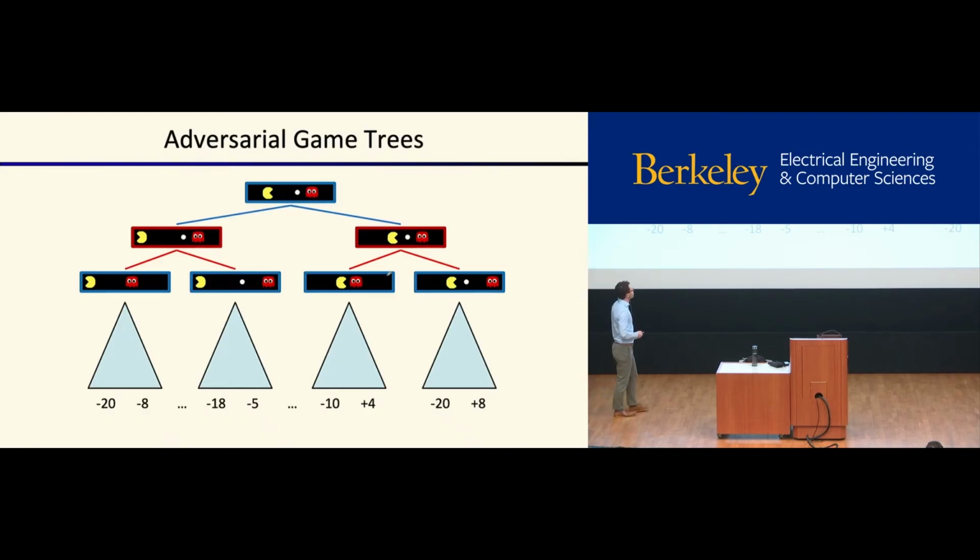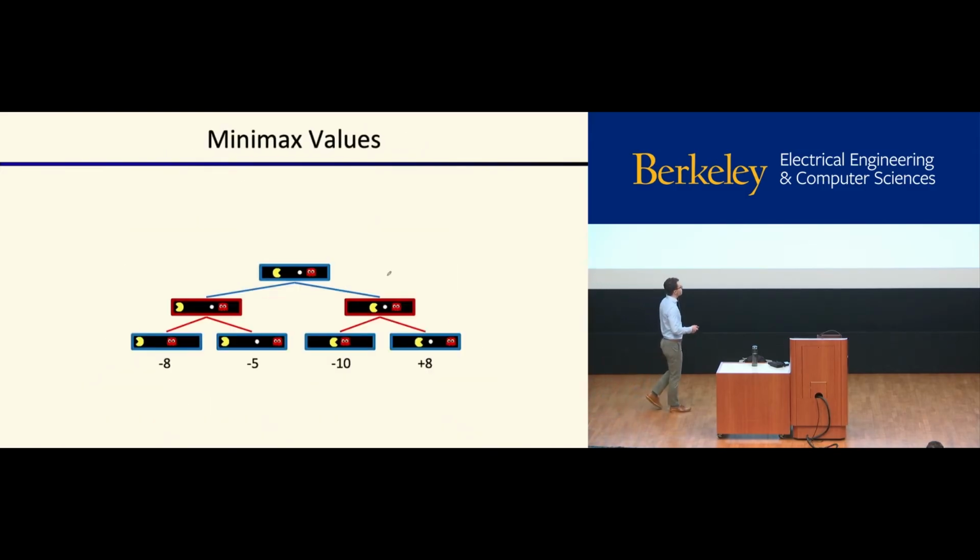I'm going to make this smaller so that it fits on the slide. And let's just say that the lords of Pac-Man have decided that we're playing a 2 time step version of Pac-Man, right? It ends after 2 time steps, and these are the associated utilities with each of those concluding states. So now these are terminal states. I don't know why you would want to play Pac-Man for 2 time steps, but let's just say that that's what we're going to play.